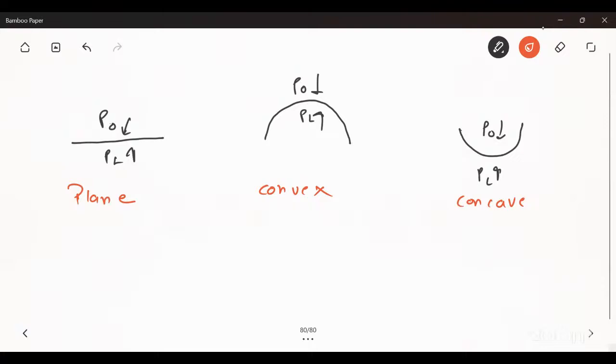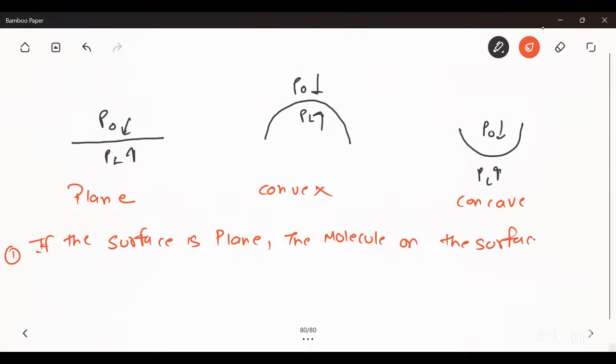So when they will be in plane, if the surface is plane, what it means, the molecule on the surface is attracted equally in all directions.